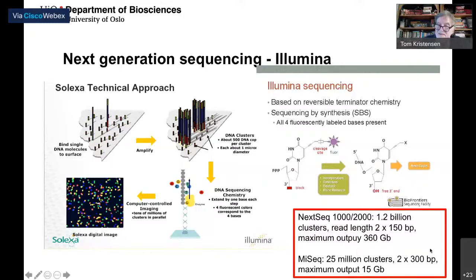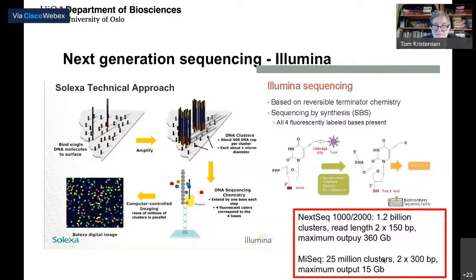MiSeq can read longer sequences. The instruments that are available today would read 300 base pairs, which we again can multiply by 2 because we can read the complementary strand as well. And the maximum output from each run is roughly 15 gigabases.